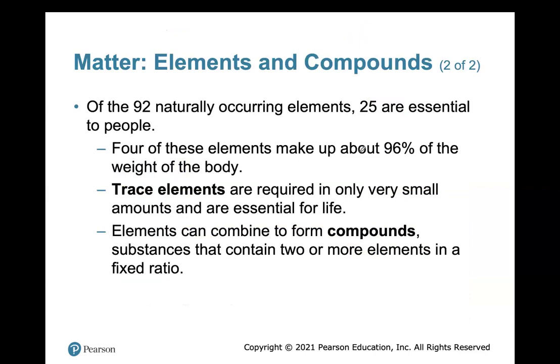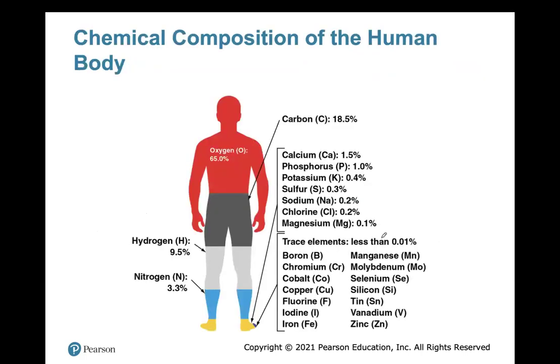Trace elements are required in only very small amounts, and elements will combine to form compounds, which are substances that contain two or more elements in a fixed ratio. Here we have the chemical composition of the human body. Most of the human body is made up of carbon, a lot of hydrogen, of nitrogen, and then you can see what makes up the rest. So mostly oxygen, hydrogen, and nitrogen make up our body.